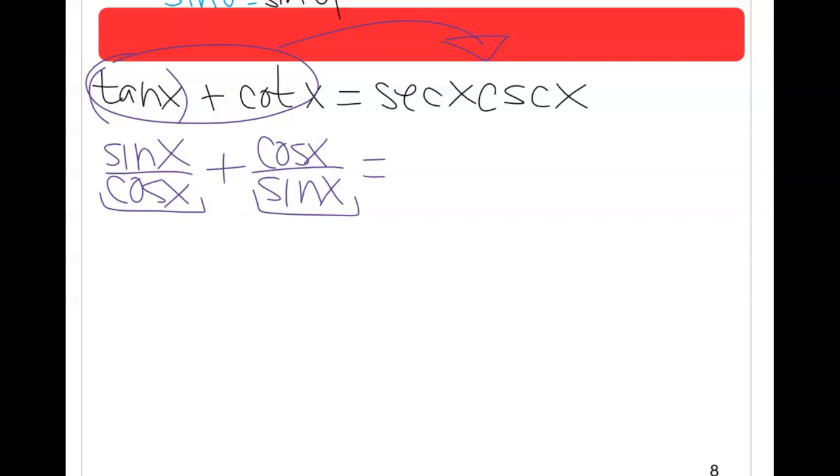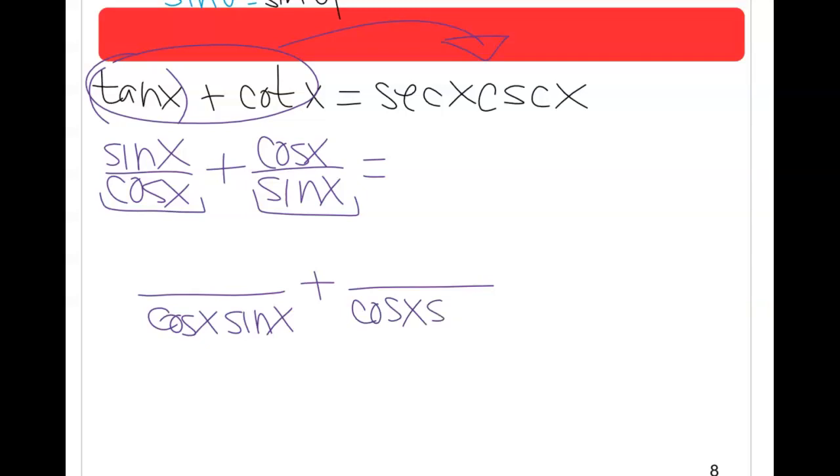So what we need to do here is find a common denominator, and what we will use is the product of the two denominators that we see there. So that will be cosine x times sine x. And so we are going to try to have both of the fractions with that denominator.